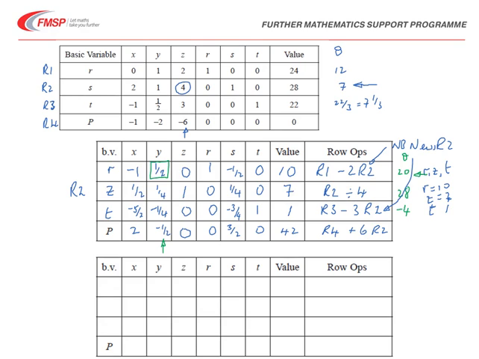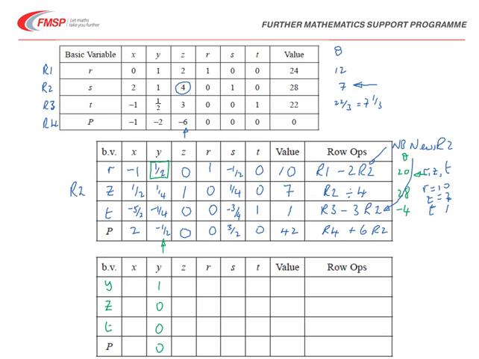That means that Y is the entering variable and R is going to exit, so that now our basic variables are Y, Z, and T.